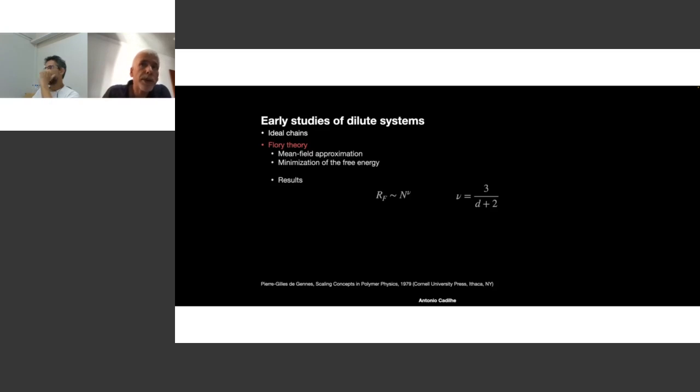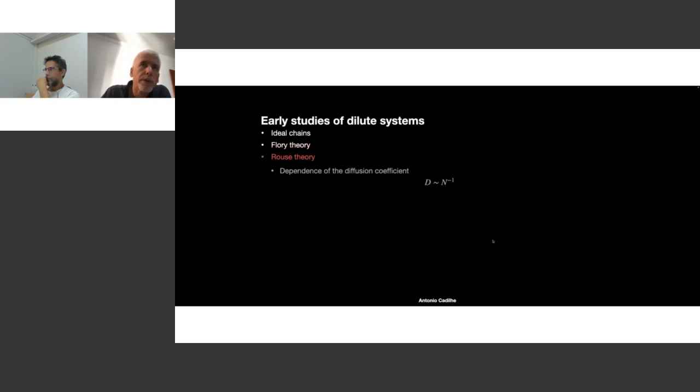Here d is the spatial dimension, and this can be found in the book of de Gennes, a very good classical book on the subject.